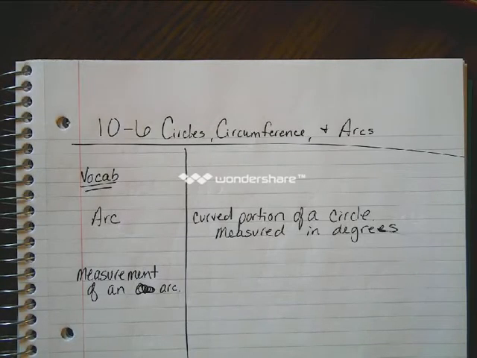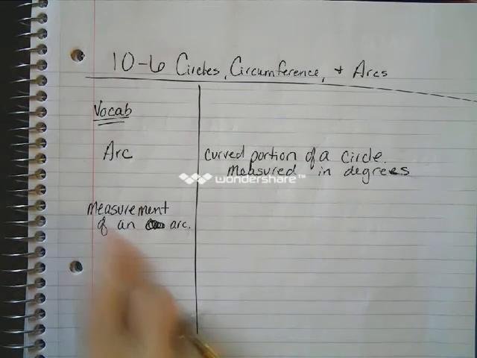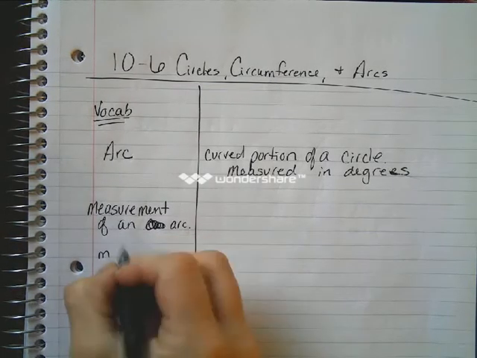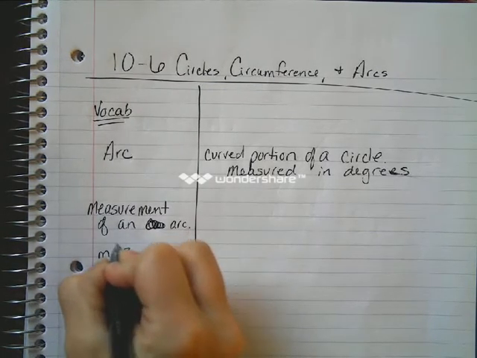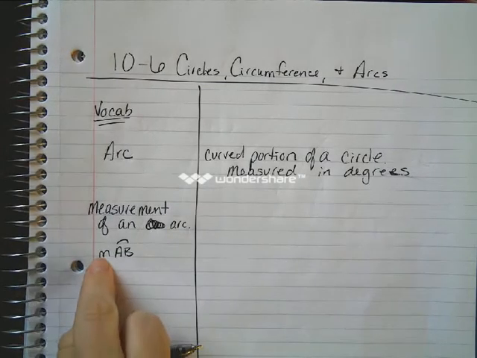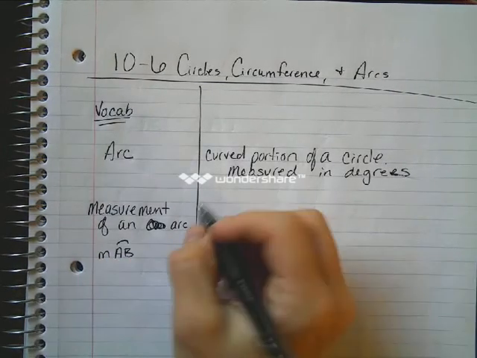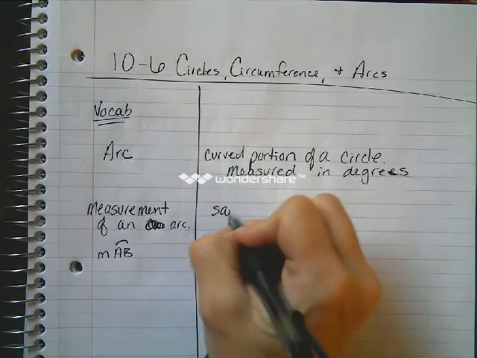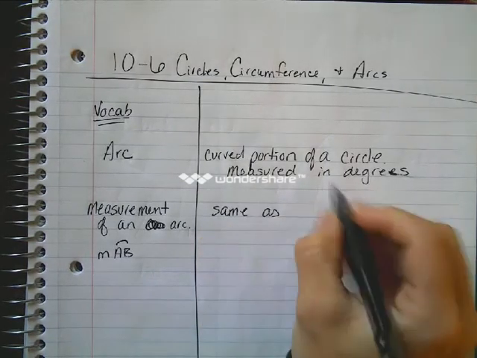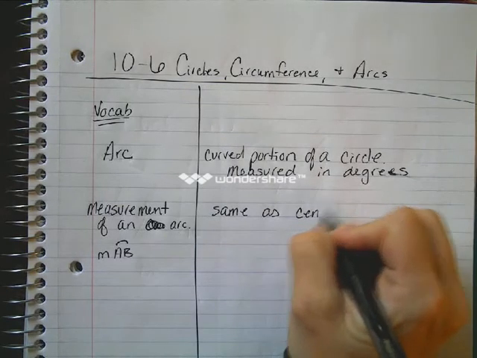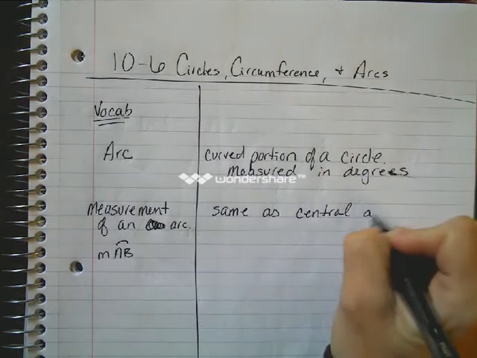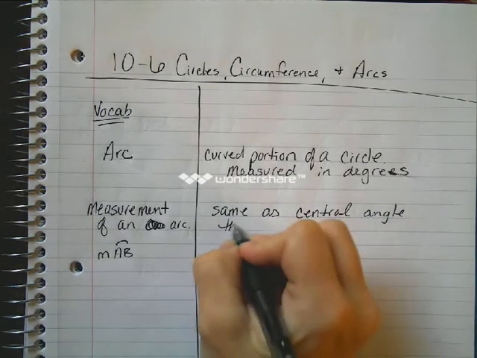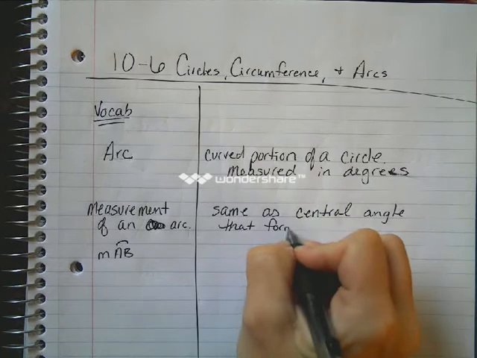Okay, this stuff you've already seen. It'll say like M arc AB, and that means they want the measurement of the arc. When they're talking about that, they're talking about that degree, and it's going to be the same as the central angle that forms the arc.